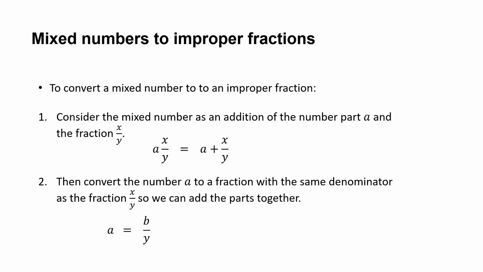So we're going to rewrite this original mixed number, a plus x over y, and what we've done in there is we've substituted b over y where the a was, because we've said that they are equal. So using the addition rules, we can now add the b plus x and keep the denominator as the y.